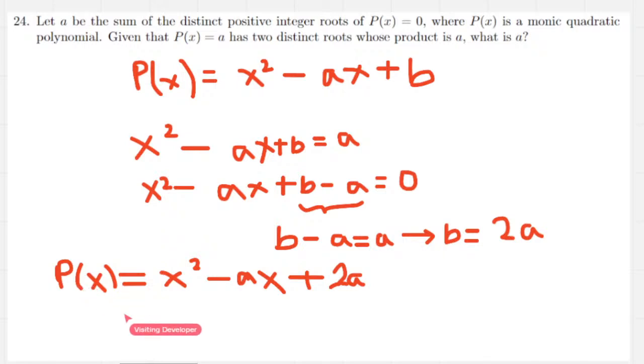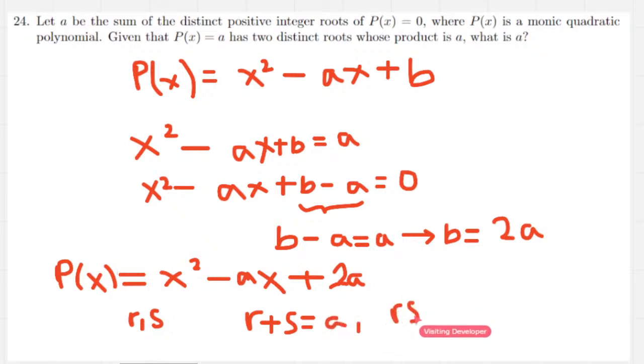So now if we let the roots of p of x equals 0 be r and s, we know that r and s are distinct positive integers, and we also know that r plus s is equal to a, and r times s is equal to 2a.